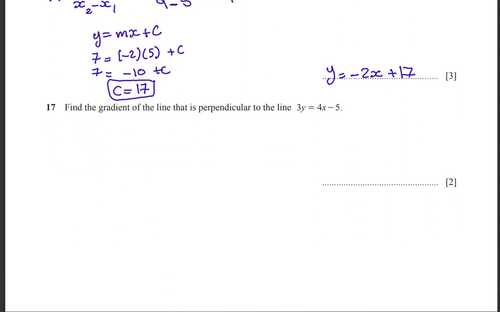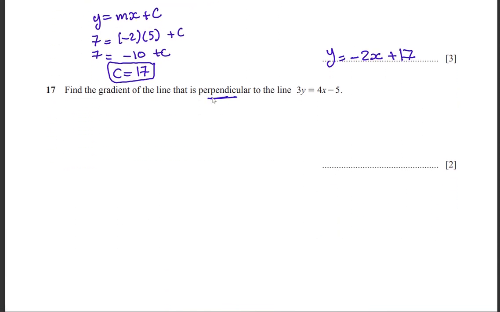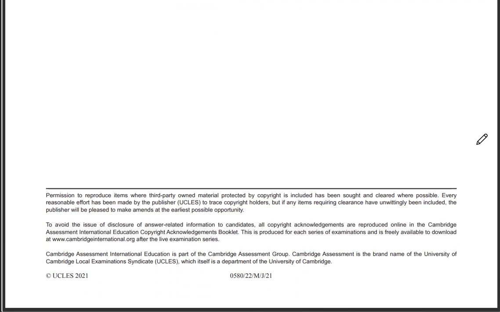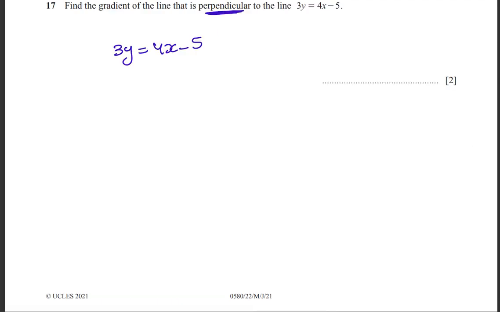Find the gradient of the line that is perpendicular to the line 3y equals 4x minus 5. First, I will isolate the y. That means I will go back to the question. 3y equals 4x minus 5.